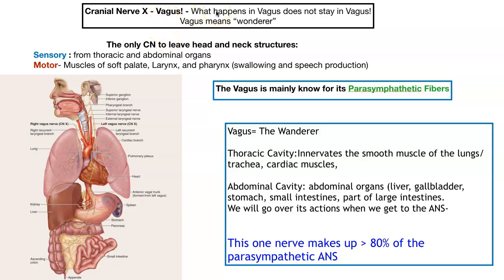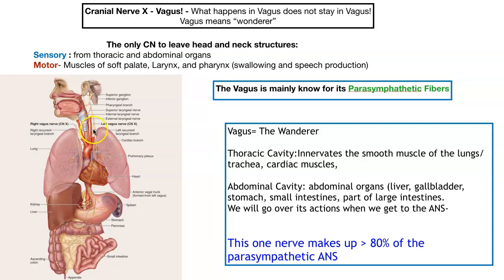Now, cranial number 10, the vagus nerve. Now this one, I always say what happens in Vegas does not stay in Vegas. And make sure you spell Vagus like this and not like the city. Vagus actually means the wanderer. This is the only cranial nerve to leave the head and neck structures. Now it is going into the thoracic and abdominal cavities.